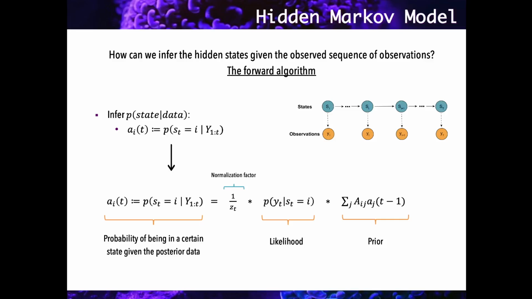So basically, if we go time point by time point, we can calculate the posterior at each time point, which is the probability of being in a certain state given all the data that we have until that specific time point. And we also multiply this by a normalization factor.